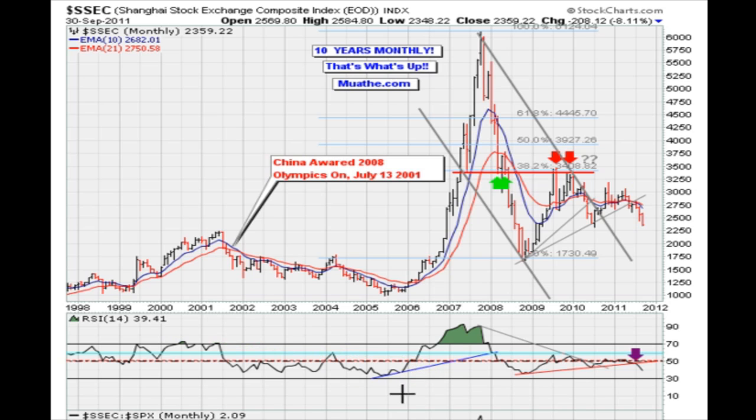Let me take that off so you can see that node right there. That right there is a node. Little bump right there. See it? So if you draw a straight line connecting that high and that node, right there was your breakout point because these 2 nodes confirm that this line is straight.